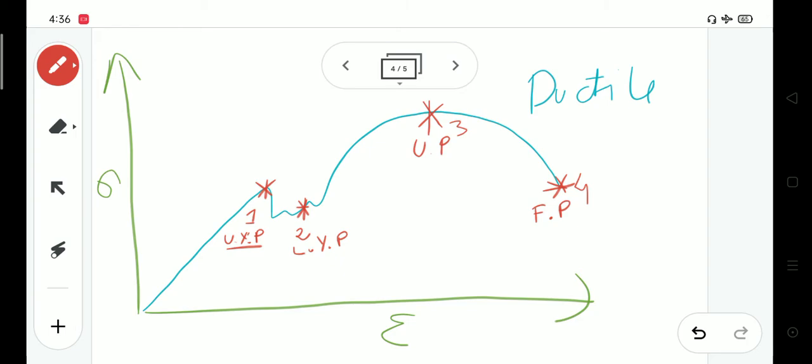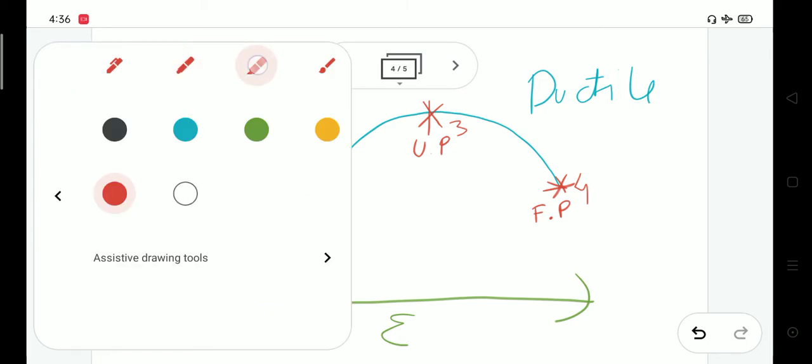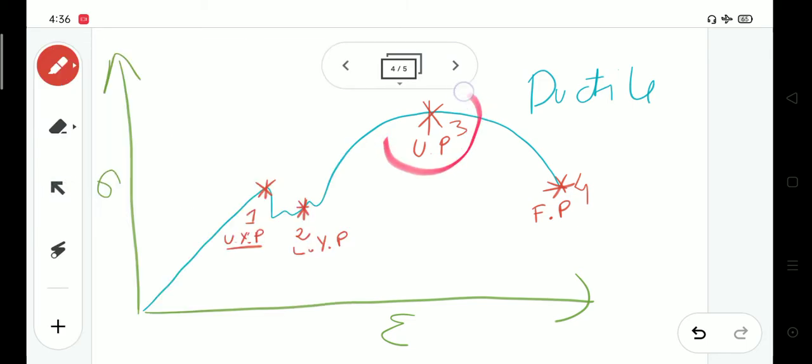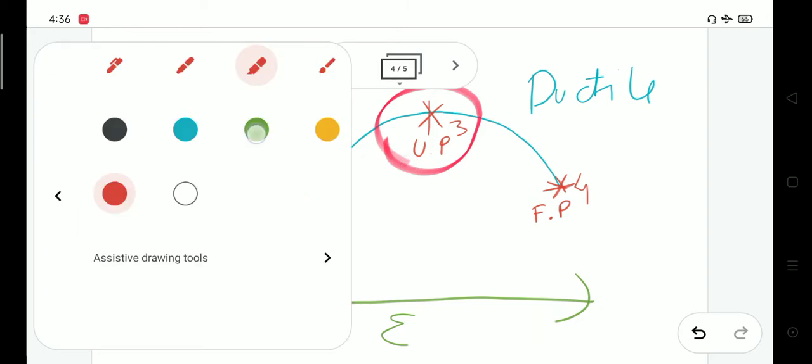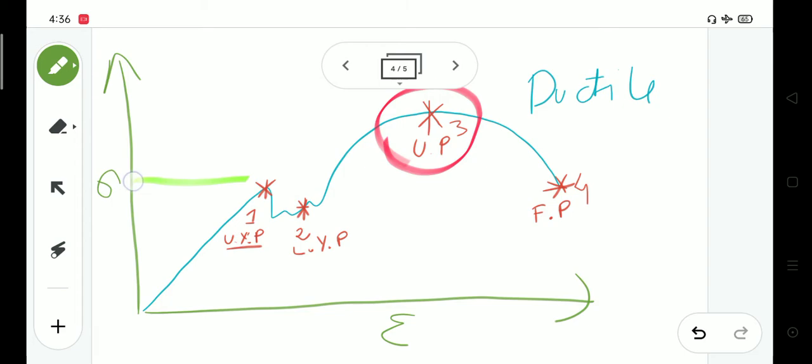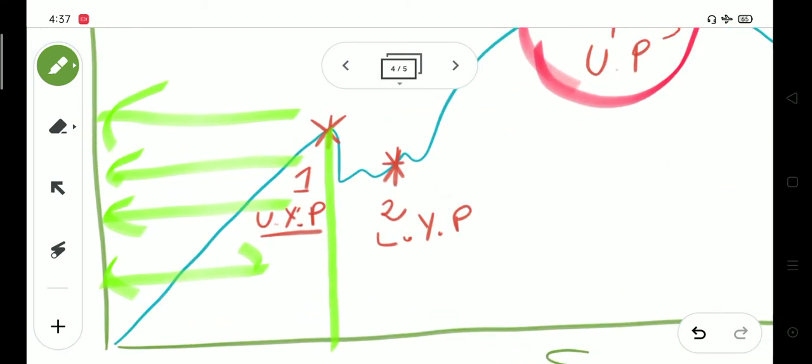So from here we could consider the maximum stress is over here, and from this zone onwards it's an entire elastic zone. That means beyond the upper yield point is the plastic zone.